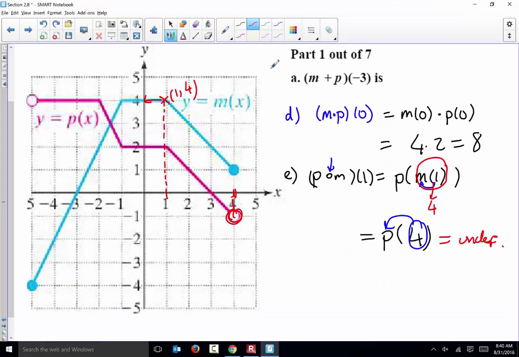So M of P of 3. In other words, M is second. P gets to carry 3 first. Let's see where he goes. Where does he go with P? 0.